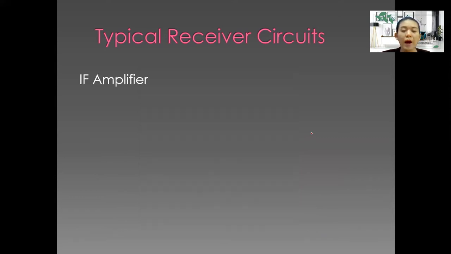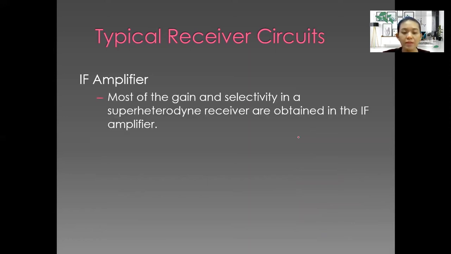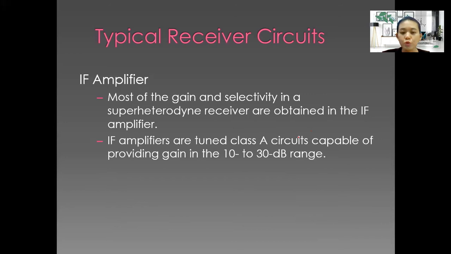Now we go to the IF amplifier. Most of the gain and selectivity in a superheterodyne receiver are obtained in the IF amplifiers. IF amplifiers are tuned class A circuits capable of providing a gain in the range of 10 to 30 dB.